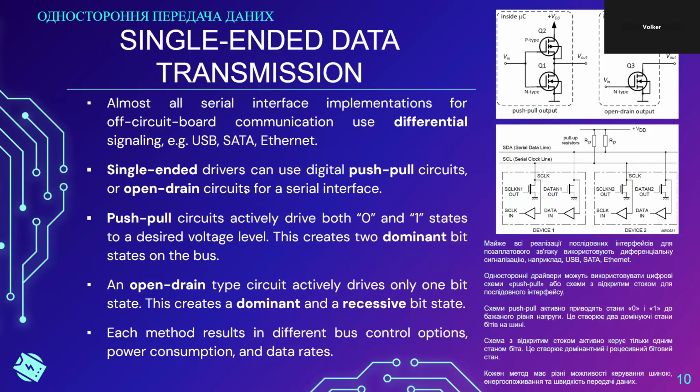Single-ended data transmission. So I mentioned that on circuit boards, the natural state is single-ended. So buses that are intended to operate on a circuit board close to the microcontroller generally are single-ended. And these single-ended drivers can use push-pull circuits or open drain circuits.